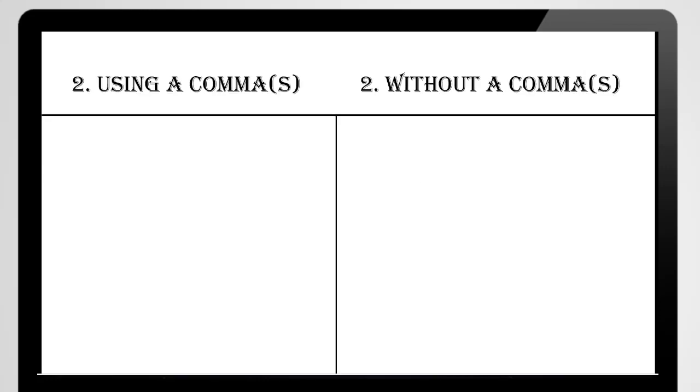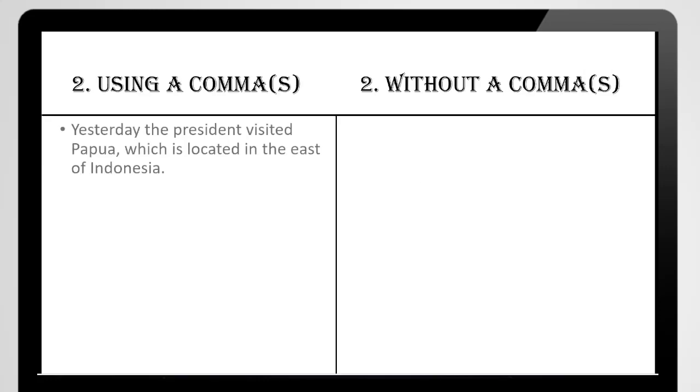Using a comma, without a comma. For which, yesterday the president visited Papua, which is located in the east of Indonesia. Okay, here we have one comma after Papua, so which is located in the east of Indonesia describes Papua, which is the object of the sentence.